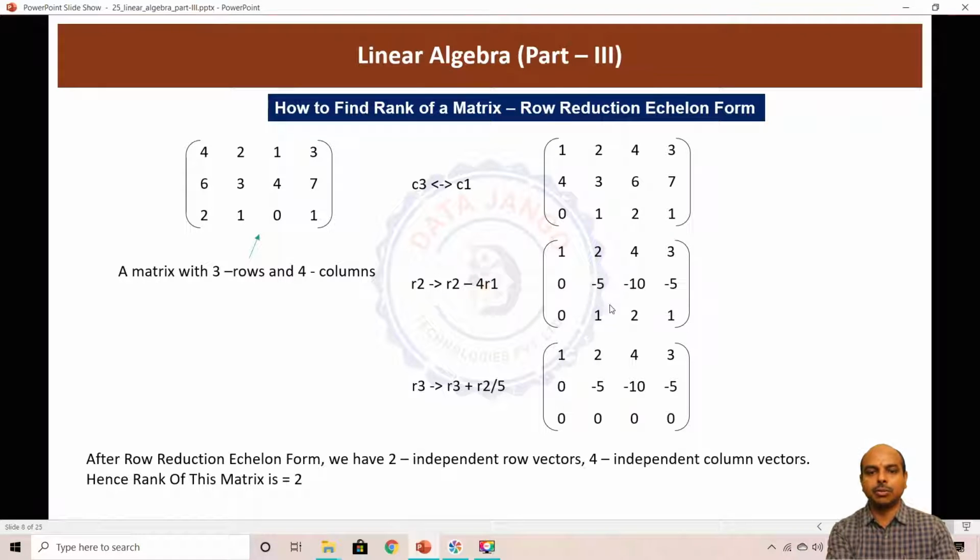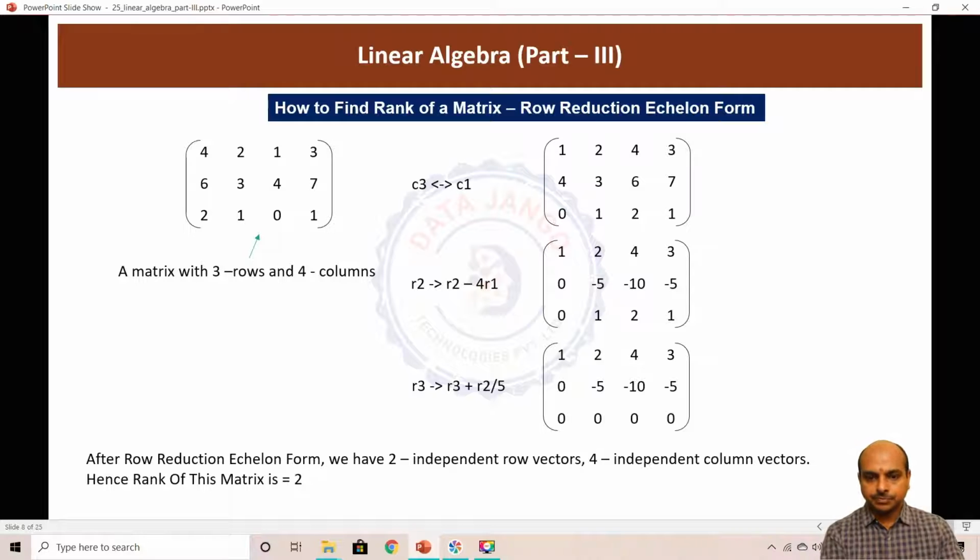So I have got 0, minus 5, minus 10, minus 5. I multiplied the first row by 4 and subtracted because I am trying to make the numbers 0. When I am successfully able to make a complete row 0, that means that row is dependent on other rows.